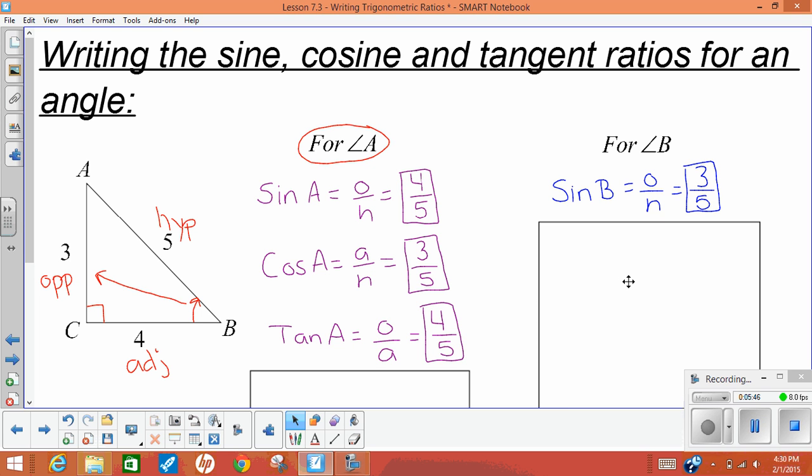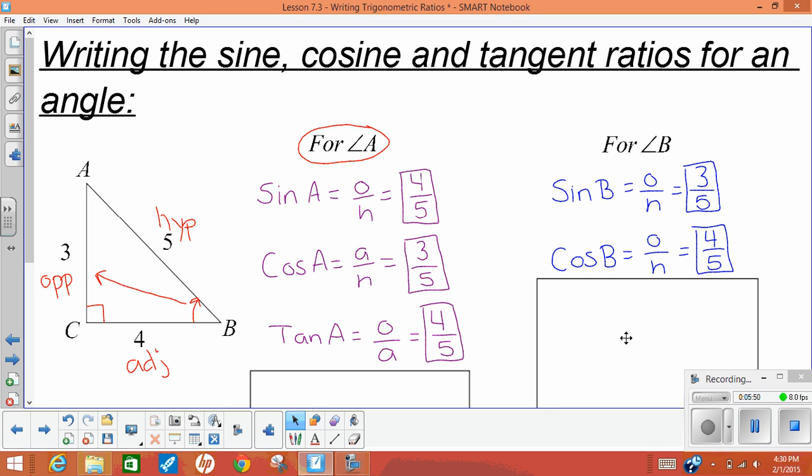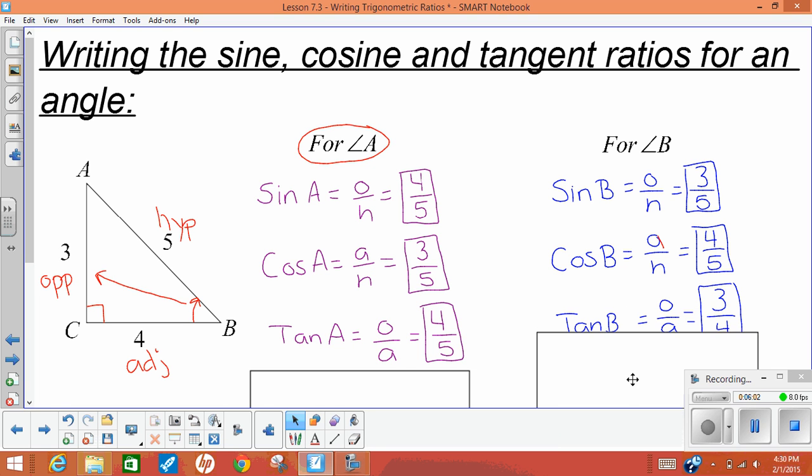Sine is 3 over 5. Cosine is 4 over 5. And I made a little error there. That should be adjacent over hypotenuse. And the tangent is 3 over 4.